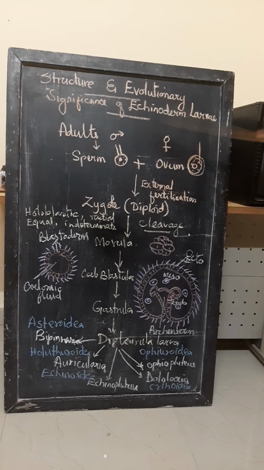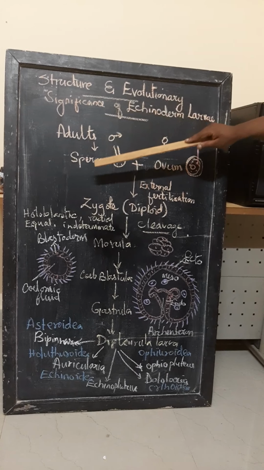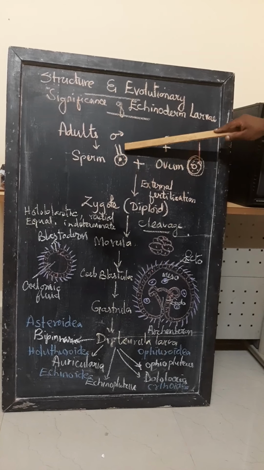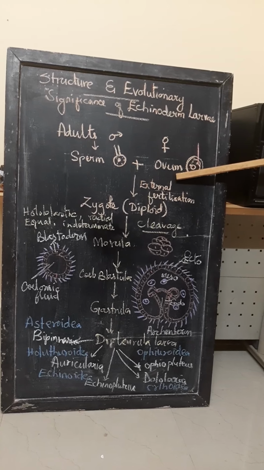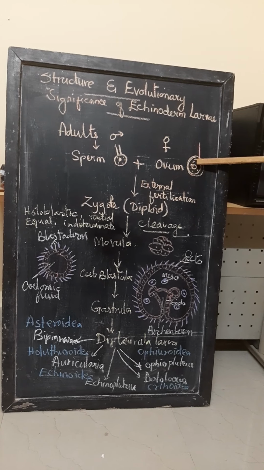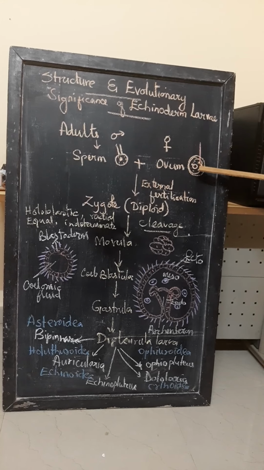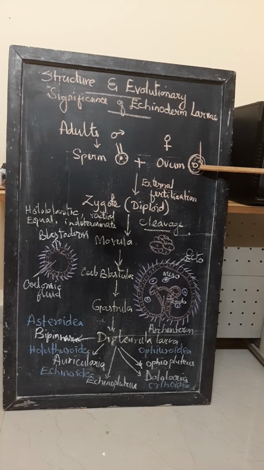The male organism produces, at the time of breeding, sperms as the gametic cells, which are said to be flagellate in condition. Females also produce their gametic cells called ova, which have a covering of vitelline membrane, and both have the pronucleus of male and female respectively in their gametic cells.